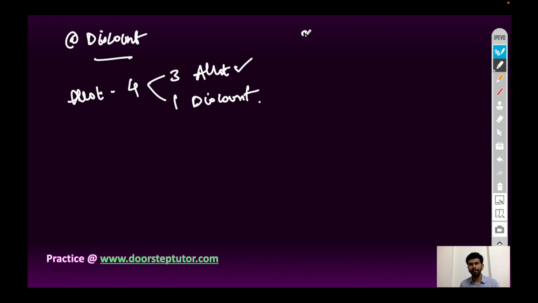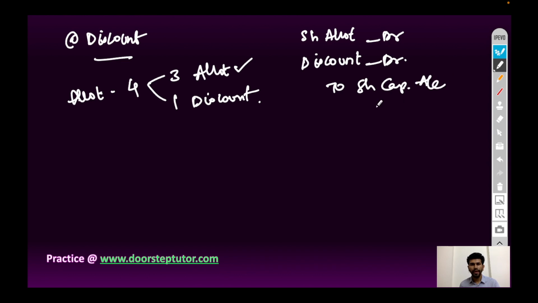Then journal entry will be share allotment account debit, discount on issue of share debit to share capital account. Remember, if shares are issued on premium, security premium will be credited. But if shares are issued at discount, then discount will be lost to the company. Hence, debit all expense and losses. Therefore, discount on issue of shares will be debited.